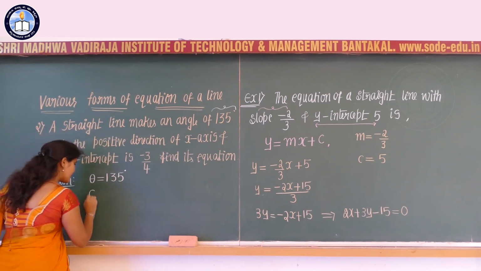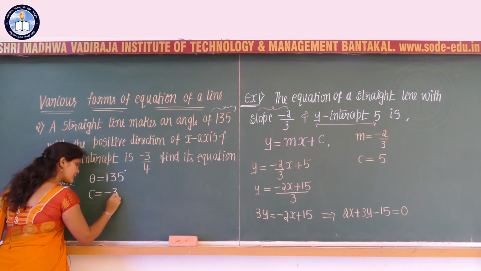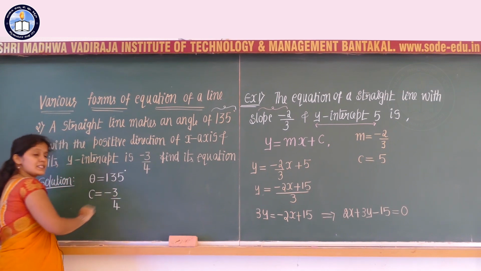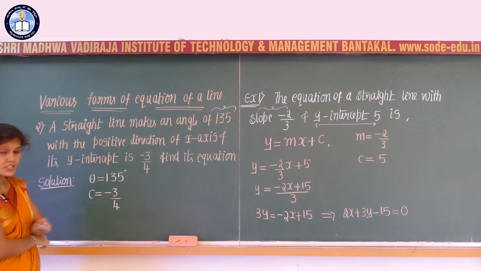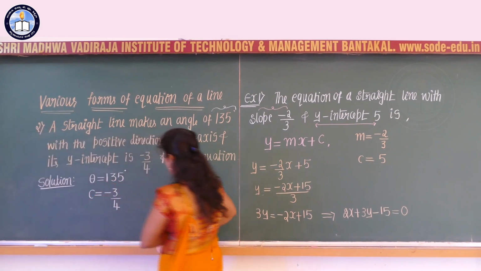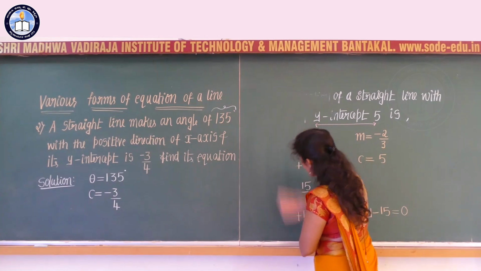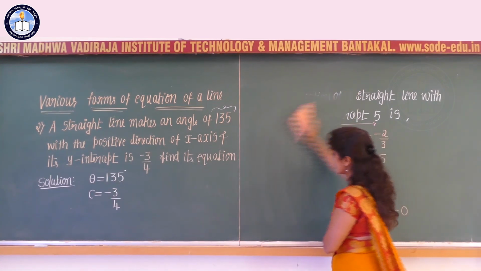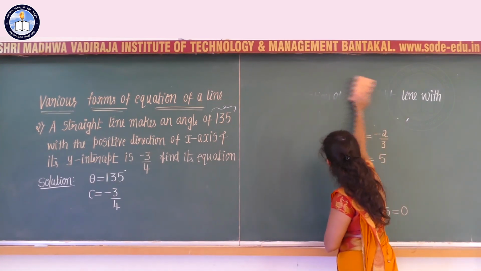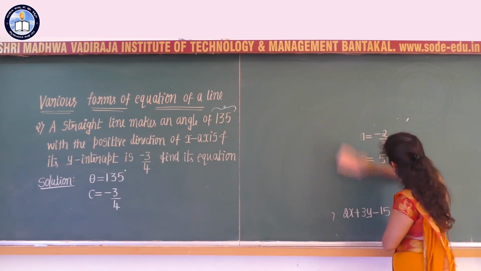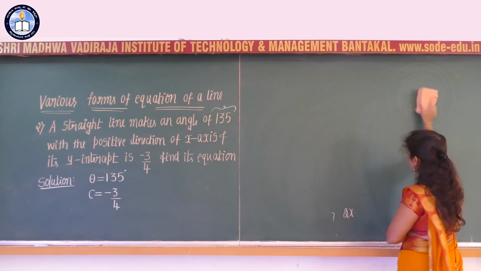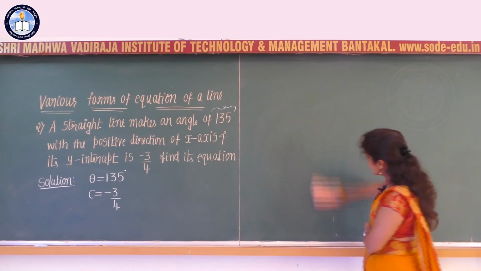The y-intercept is given. How to represent the y-intercept? The y-intercept is represented by c in the first general formula. Therefore, c is nothing but minus 3 divided by 4. So first, let's find out the slope of the line, and after that we can write the required equation of the line. How to find the slope?